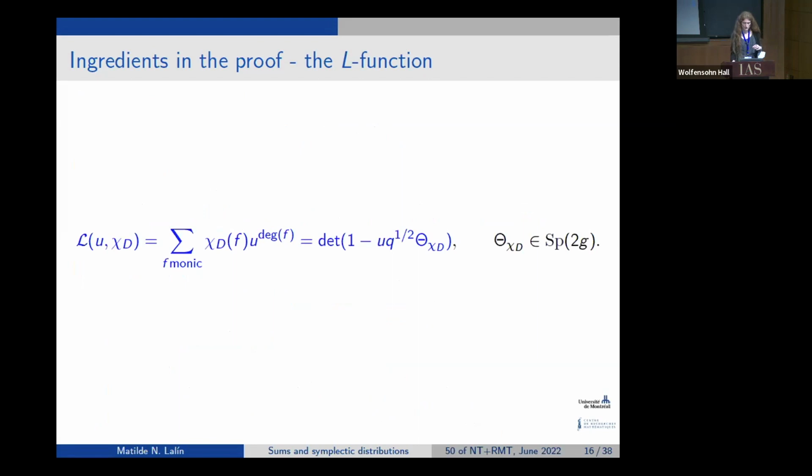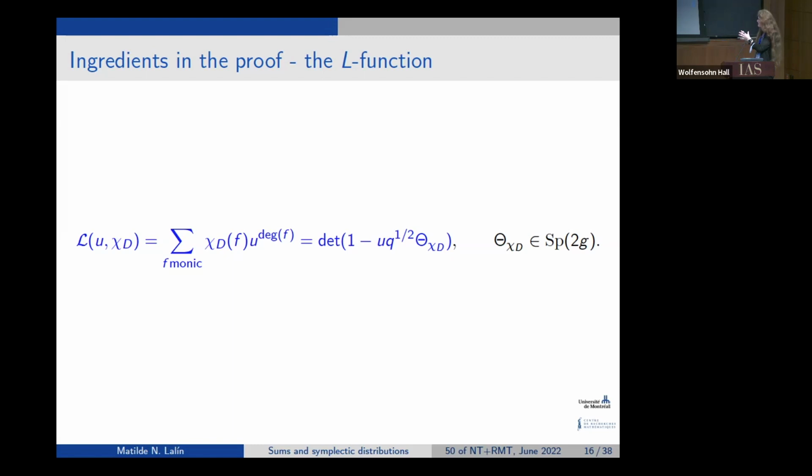Now, we take our L function, and the L function can be written, by the Riemann hypothesis, as the characteristic polynomial of a matrix, with 1 minus u q to the 1/2.